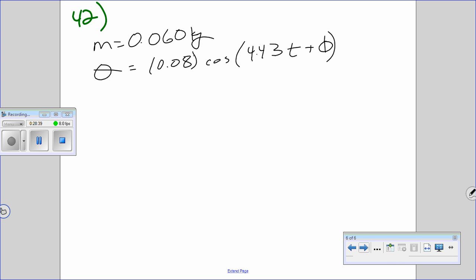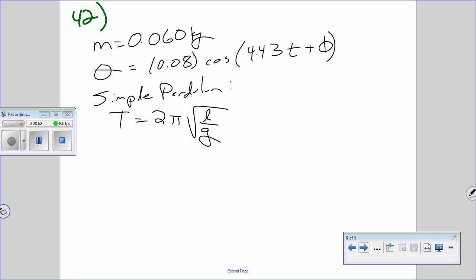Okay, so the fact that it's a simple pendulum tells us that we automatically know the period is this, right? And there's something else up here that tells me something about the period. Oh, yeah, we know omega, right?